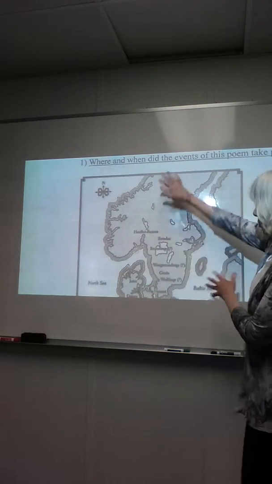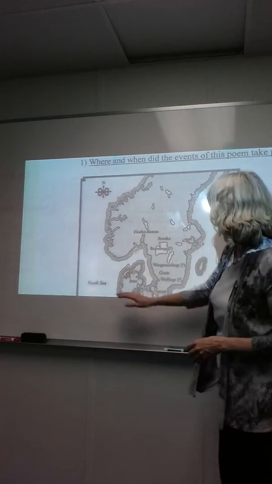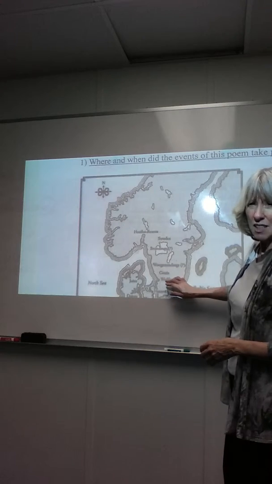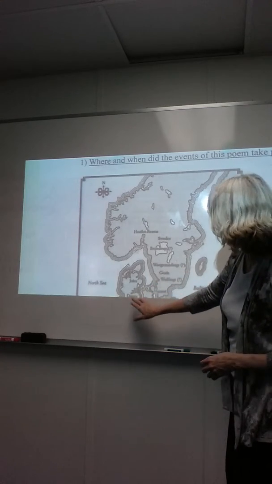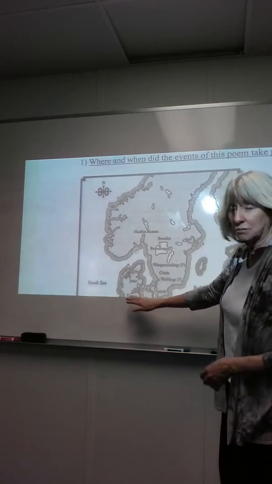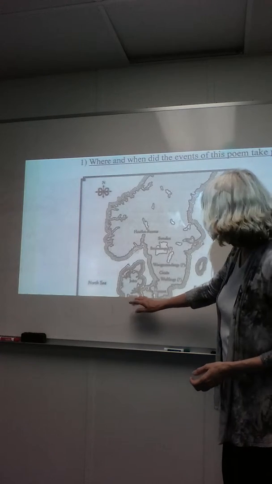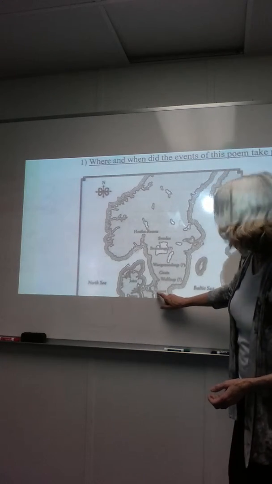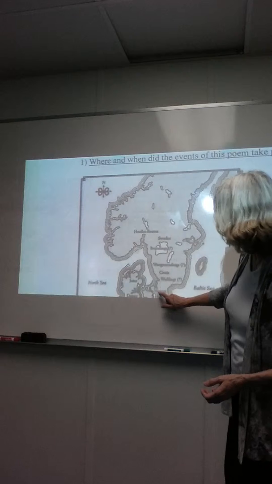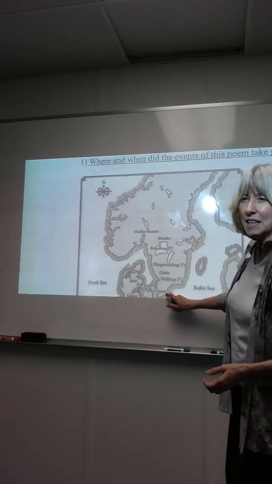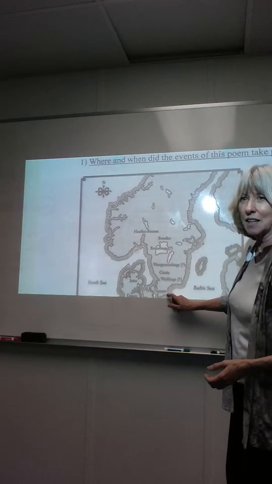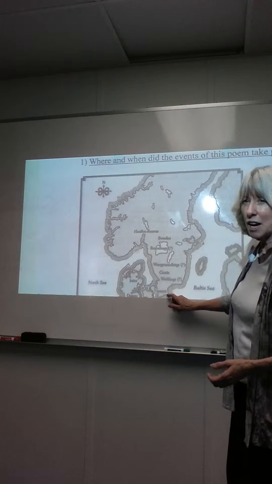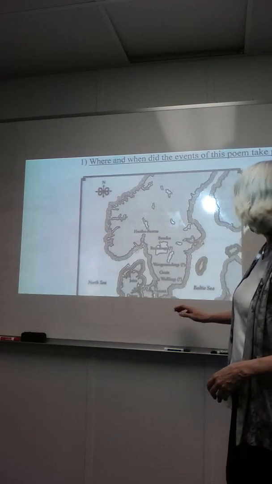But this map here shows southern Scandinavia. There's the North Sea. I don't know if you can see Geats here and the Danes down here in what is now Denmark. And then right in the middle, I wish you could see it better, it says Heorot, and that's the actual setting of the story. Heorot or Hart, I've heard it pronounced.